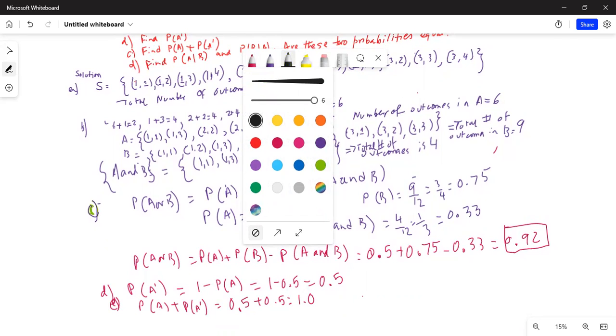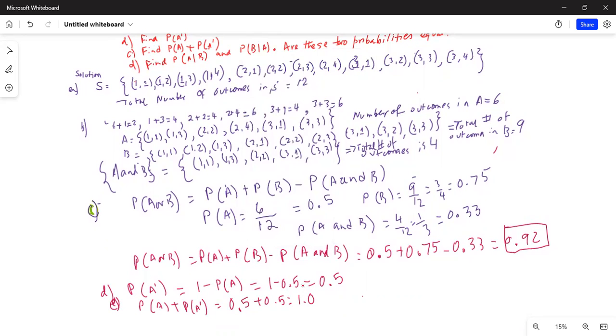So the last part is find probability of A given B. So part D, it should be part F. Probability of A given B. That means B has occurred first and then A has occurred.